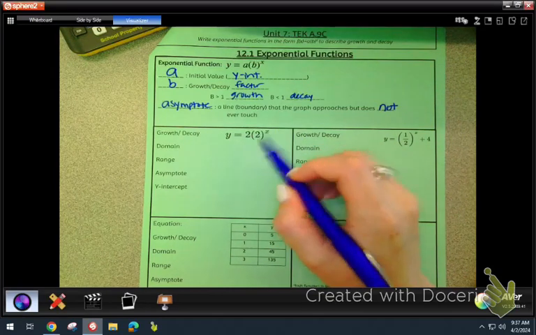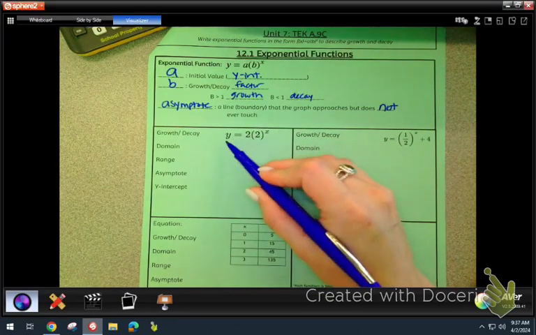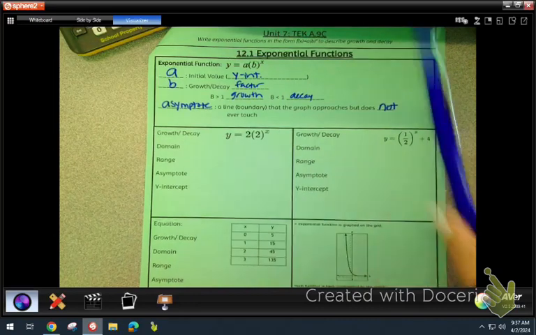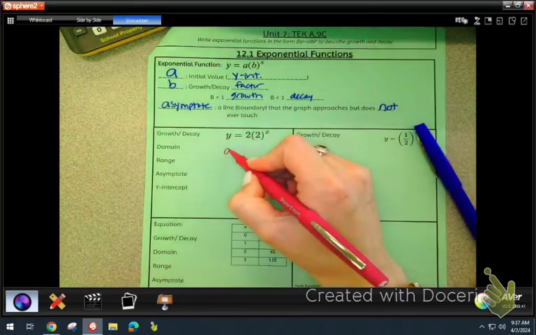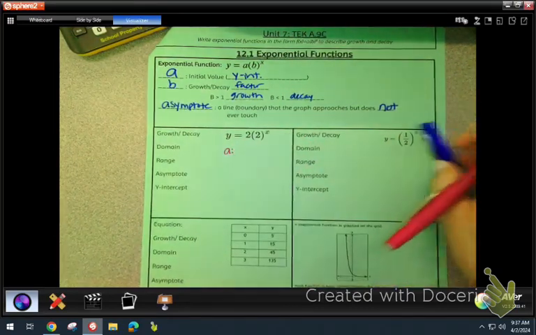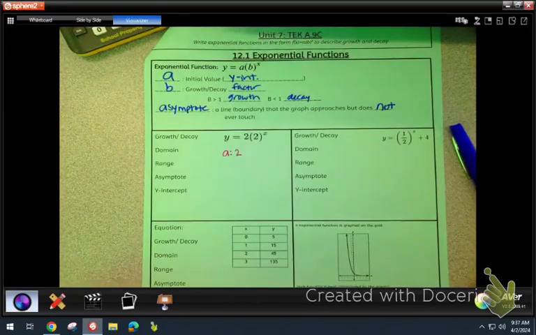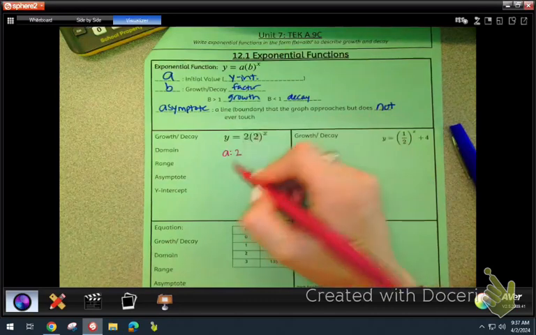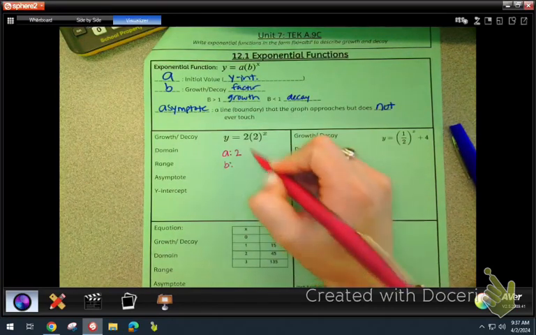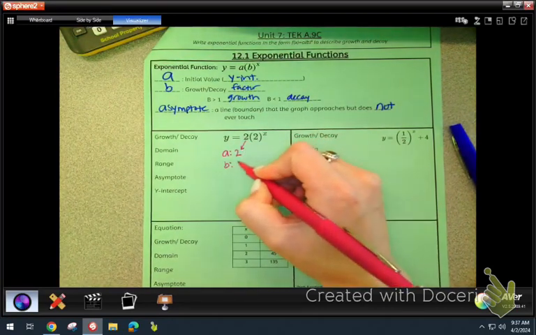All right, so let's talk about this equation right here. Y equals 2 times 2 to the x. Which one is your A? 2. And A means your starting amount. Which one is your B? Also 2. How do you know that B is 2?